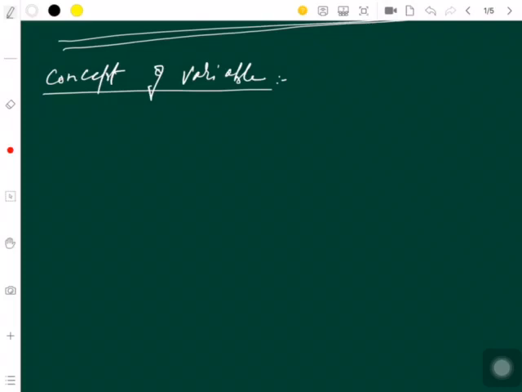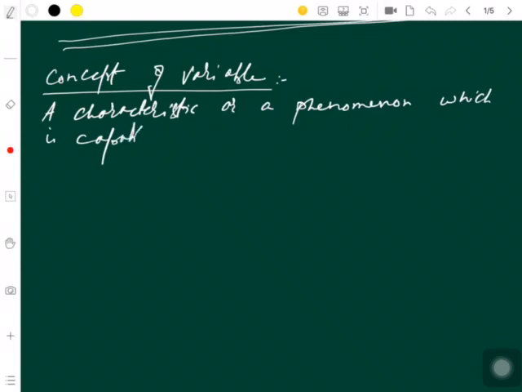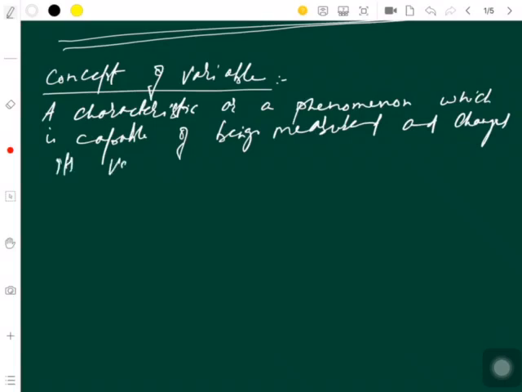I'll write the definition for you people: a characteristic or a phenomenon which is capable of being measured and change its value over time is called a variable.